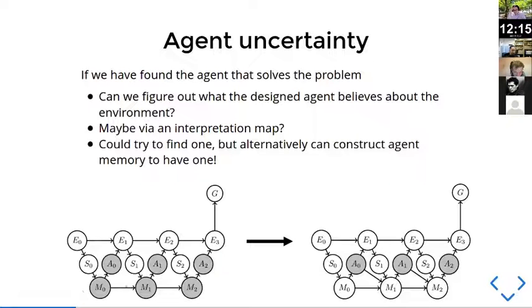So instead of, like before, where we said we don't know the memory dynamics and we want to infer them, now, if we want to make sure that we can interpret the agent in terms of Bayesian inference, then we can design the memory dynamics ourselves and only infer the action policy.